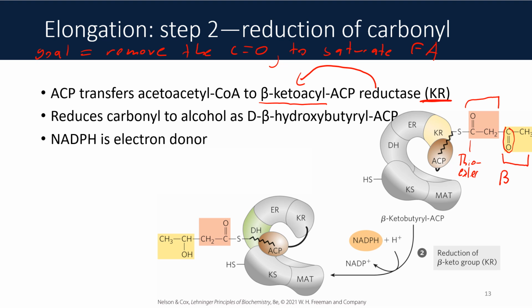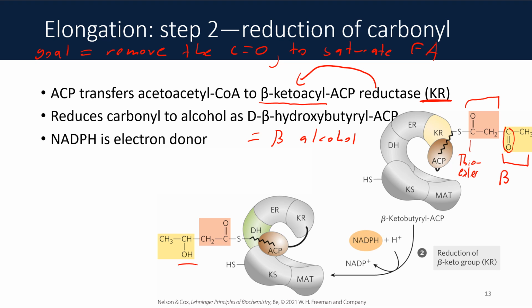You get a beta alcohol. So the product of reducing this compound is D-beta hydroxybutyryl ACP. And now we have a hydroxy group in that beta position.